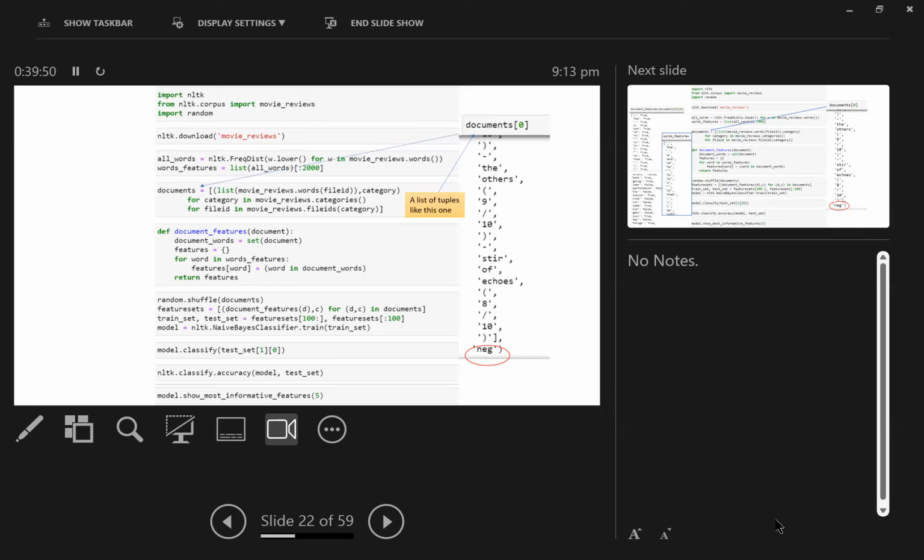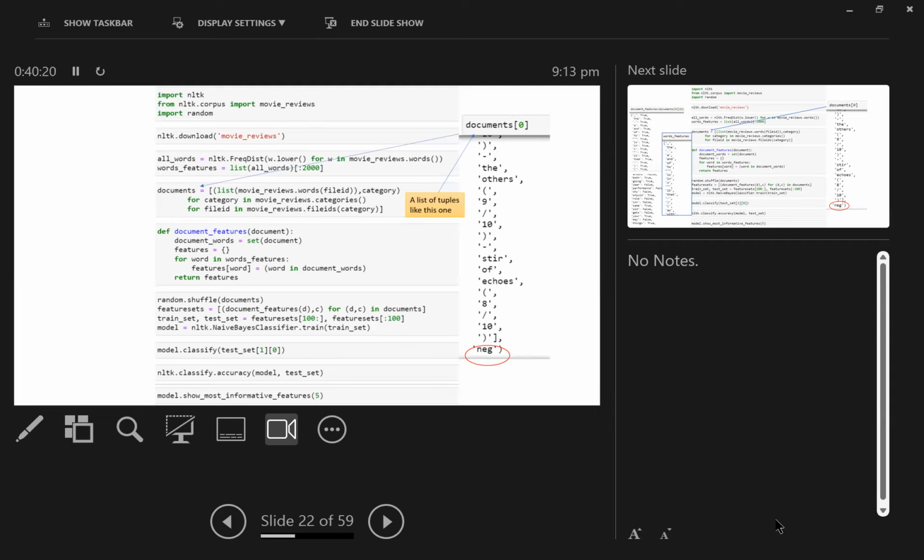Okay, so at the end you will see one, and after doing that, this is the example of the first document. On the first document, basically you will find all the words that appear in the document together with its category. This is for document 0, and then document 1, and all the documents in the data set.